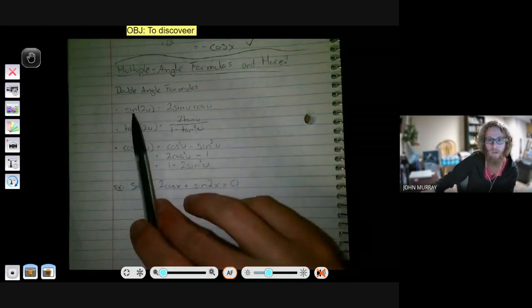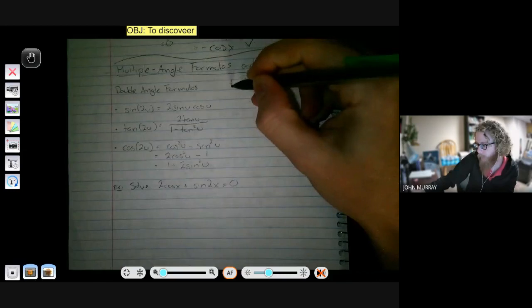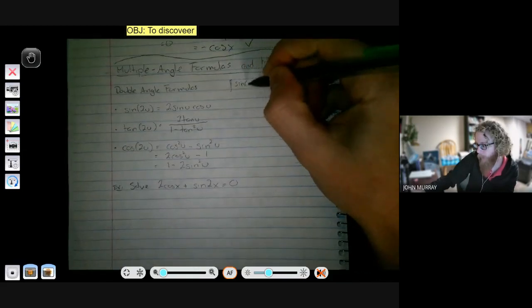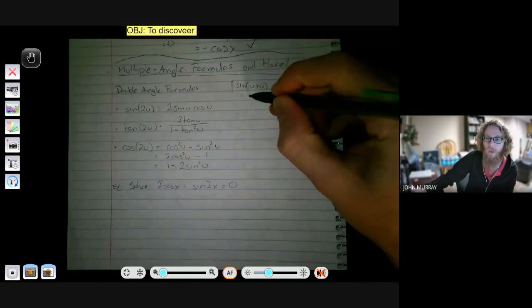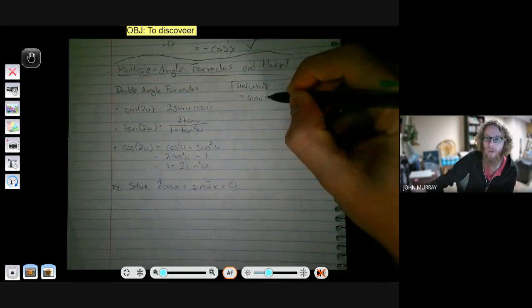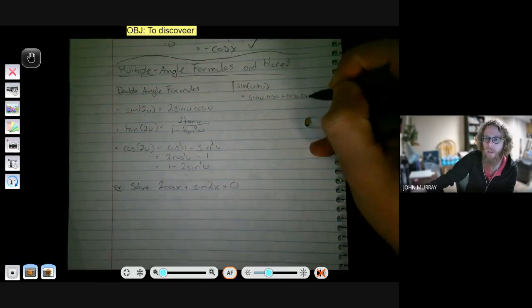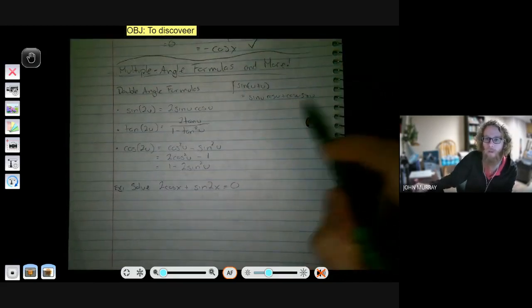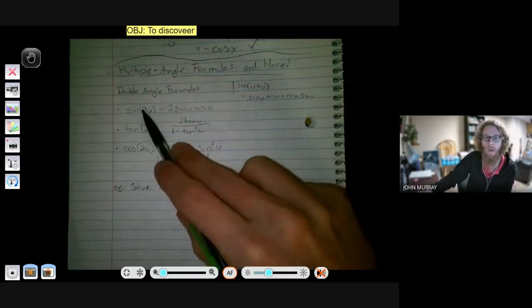Okay, so for the first one I'll show you, and for the second and third it kind of just follows suit. So for sine of 2u, that's like saying sine of u plus u, which we just learned, which would be sine of u cosine u plus cosine u sine u. Right? Normally we would swap, but because everything's the same, I'm adding u twice, right?